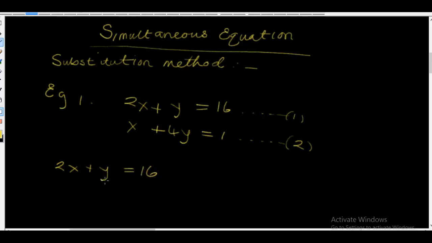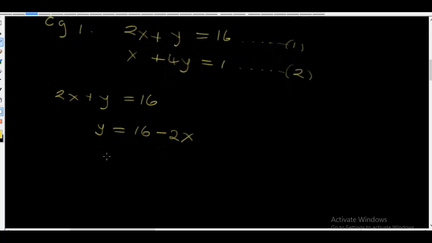Now let's make y the subject of this equation, and that is possible when we say y is equal to 16, take 2x from the left hand side to the right hand side, it becomes minus 2x. So now we have established that y is equal to 16 minus 2x.